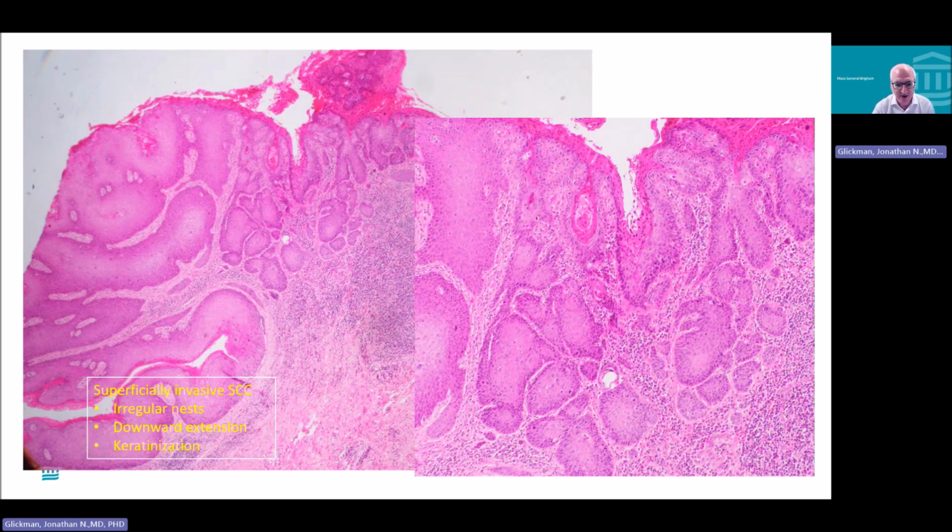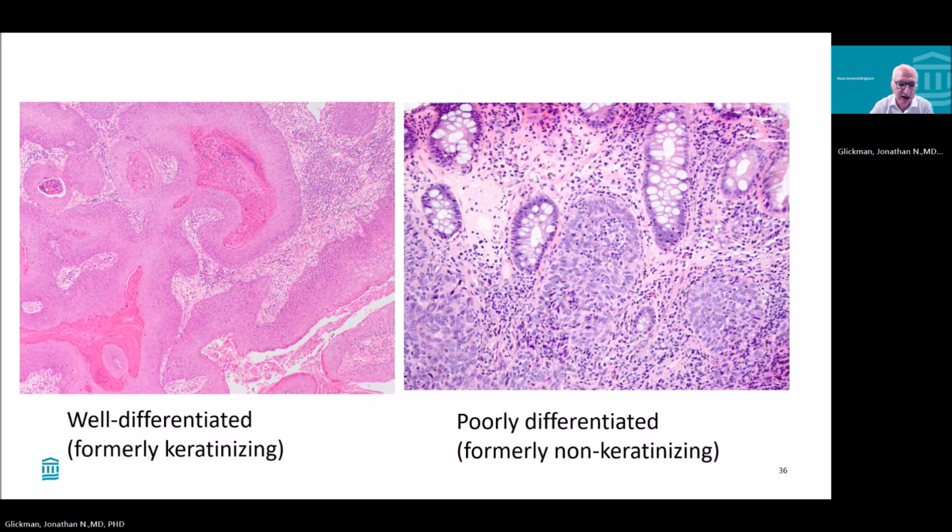for certainly unequivocal invasion, we look for the presence of irregular nests of cells, a true downward extension in a well-oriented specimen, and also evidence of keratinization with keratin pearls here. So I think with this particular biopsy, there's no question that this is showing well-differentiated superficially invasive squamous cell carcinoma.